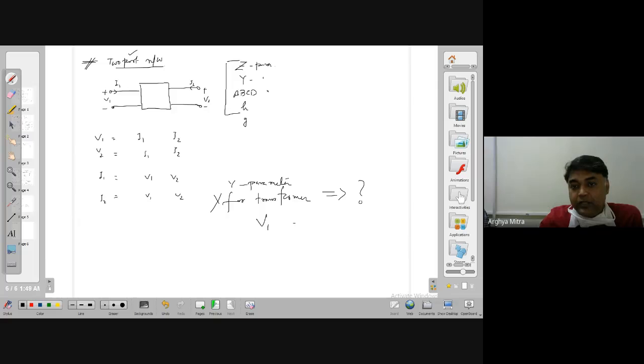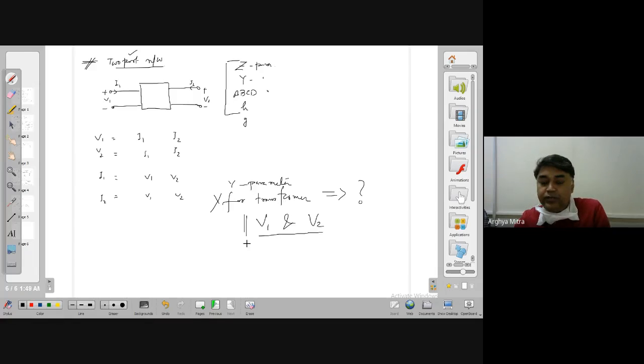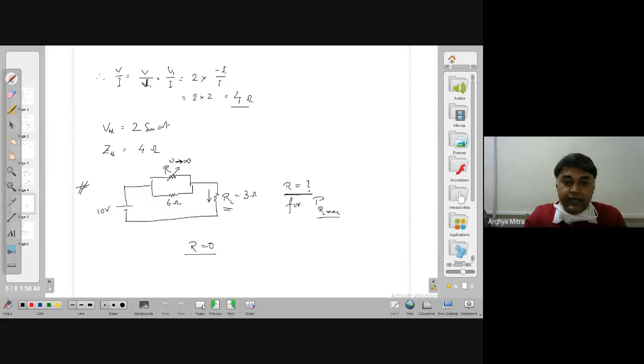Because V1 and V2 are not independent, they are dependent on each other. Keep this in mind. The condition for the Y parameter is that V1 and V2 must be independent and I1 and I2 dependent. But here V1 and V2 are dependent on each other, so you cannot have a Y parameter for this transformer.